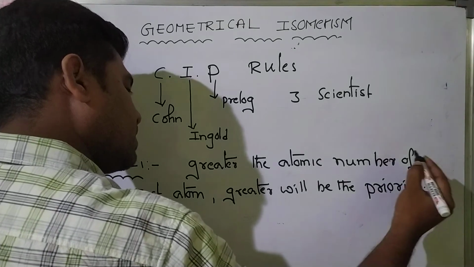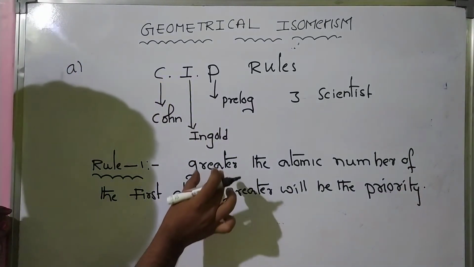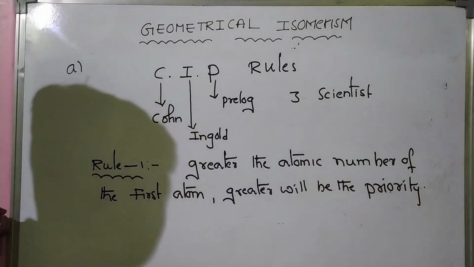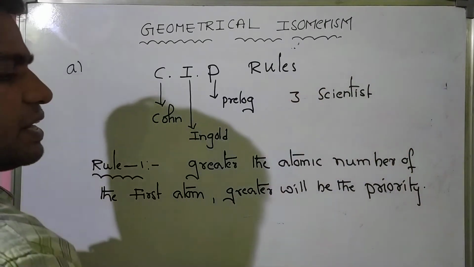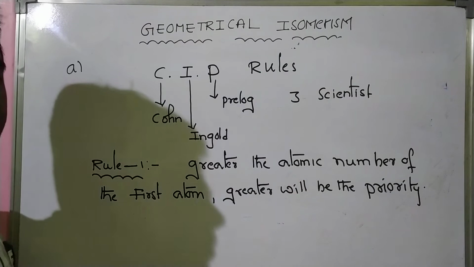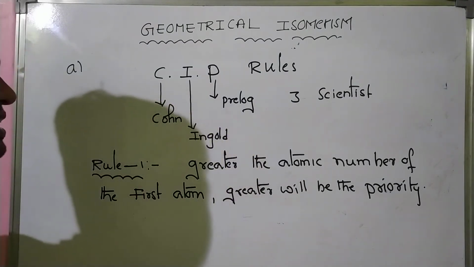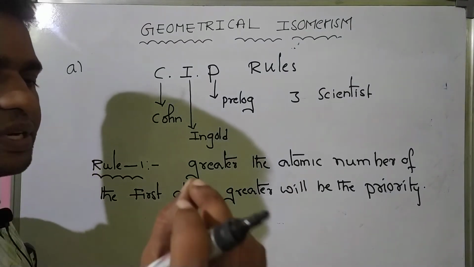So this is a wonderful rule, very important. Greater the atomic number, greater is the priority. You can easily understand with one example.